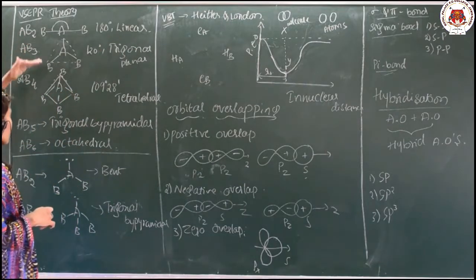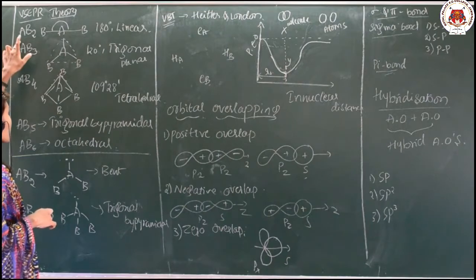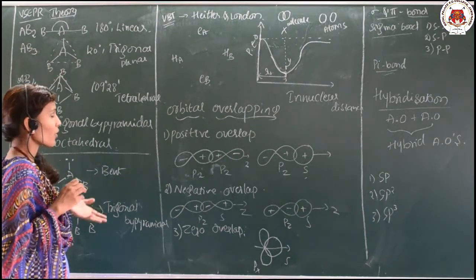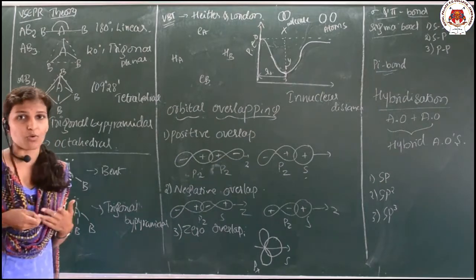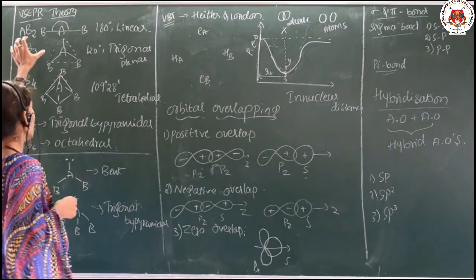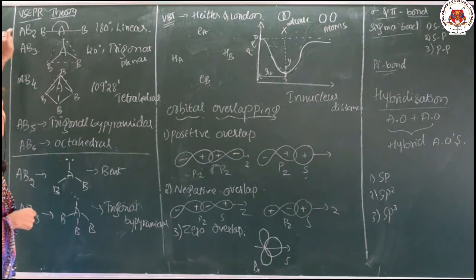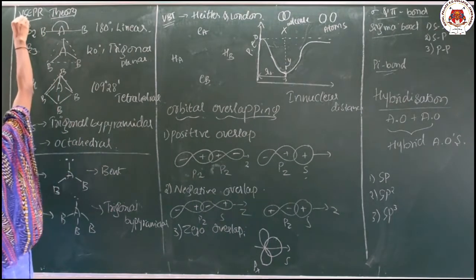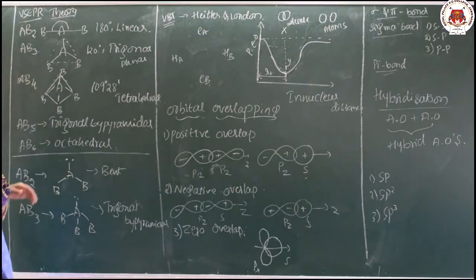Here this is the first type of molecules, where the central atom does not carry any lone pair of electrons. As I told you, what is a lone pair of electrons and what is a bond pair of electrons, these are the molecules which do not possess any lone pair of electrons on the central atom. Okay.